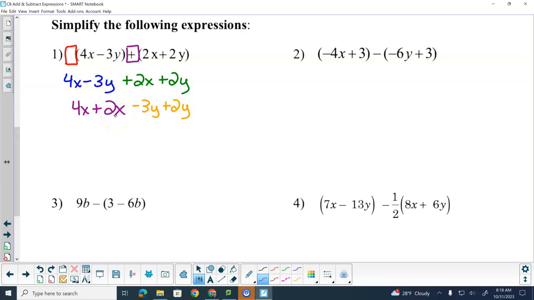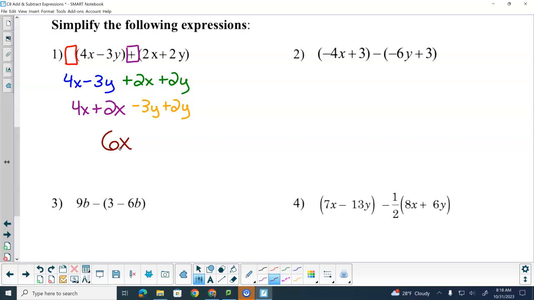If you have 4 pieces of candy, since it's Halloween, and Mr. H gives you 2 more, how many pieces of candy do you have? You've got 6 pieces of candy. If you have negative 3 ghosts, we'll go with a Halloween theme, and I give you 2 more ghosts, how many ghosts you got?